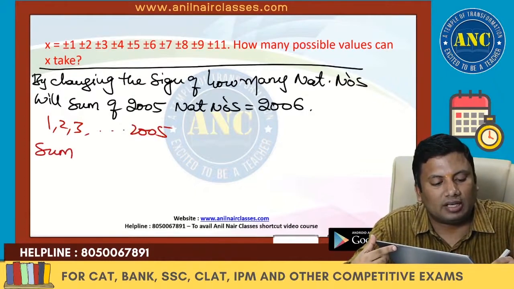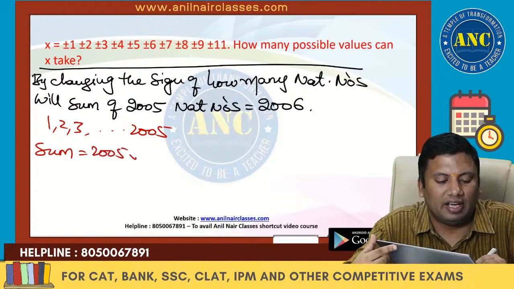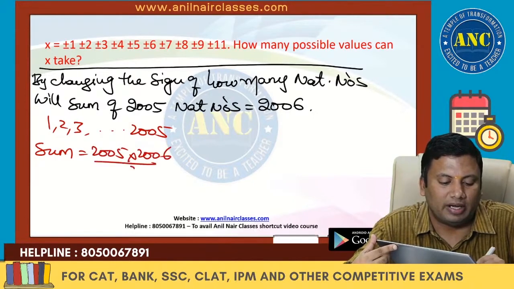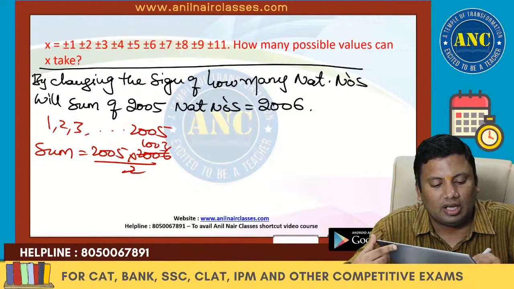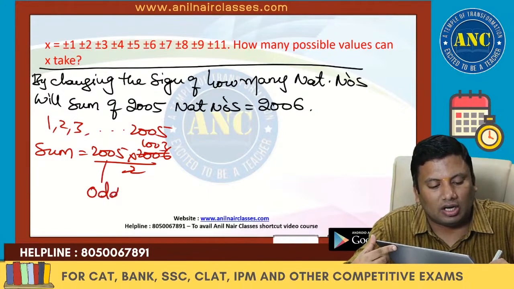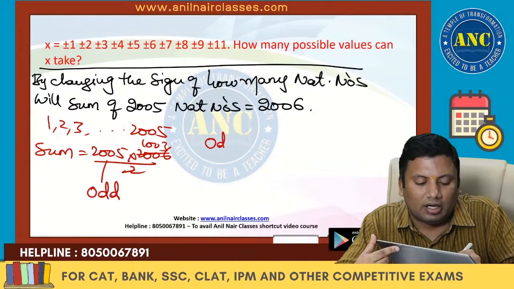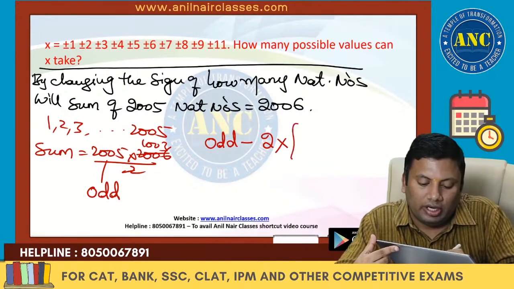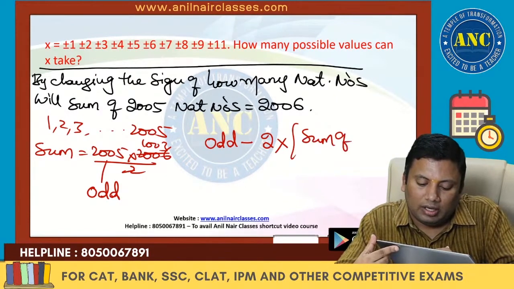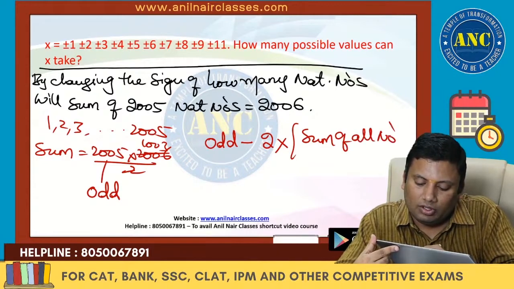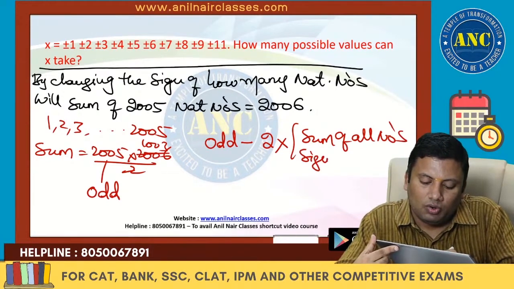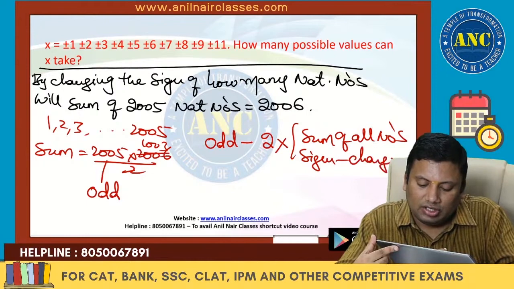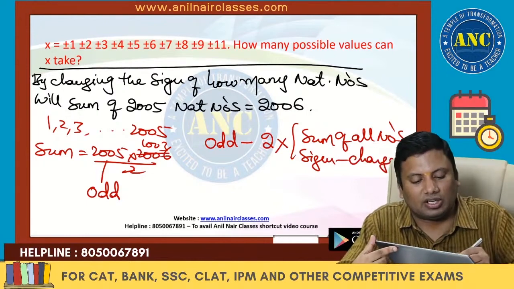Sum is nothing but 2005 into 2006 by 2, which is 2005 into 1003. Odd into odd is odd. So the answer is an odd number minus, if signs are changed, 2 into the sum of all the numbers whose signs are changed.